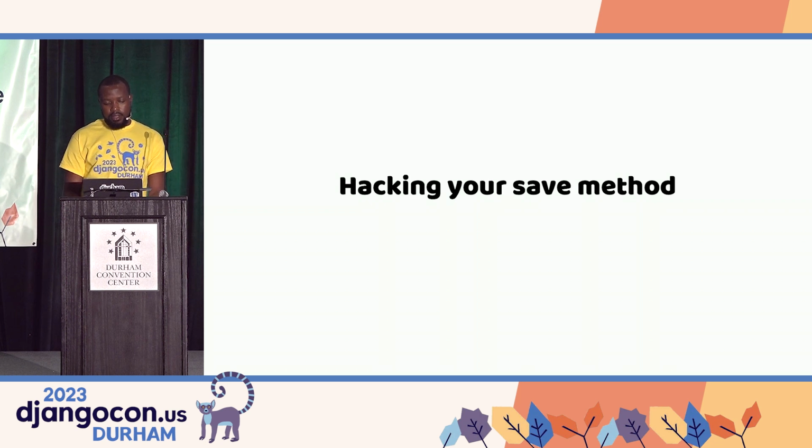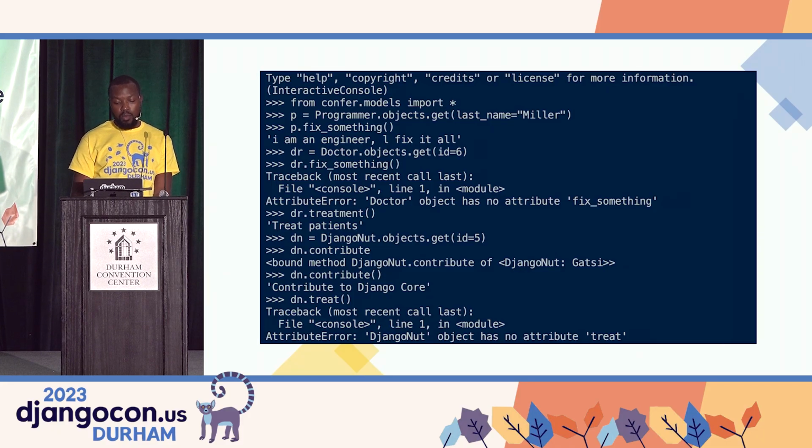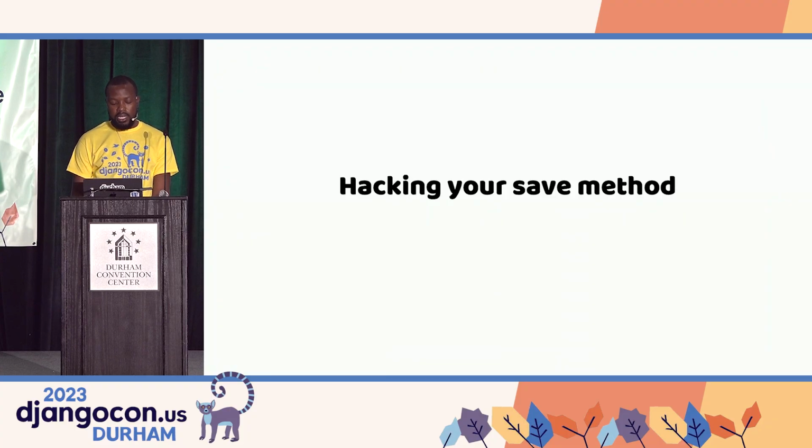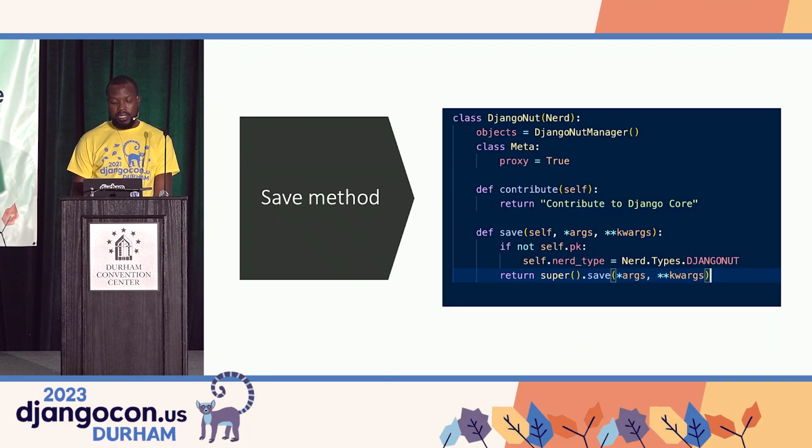The last thing that I would like to showcase is the save method, hacking the save method. So you will see that previously we were explicitly creating types of objects, right? So we would create the name and then add in the type of that object. But we don't want to do it anymore. We want something that will be generic.